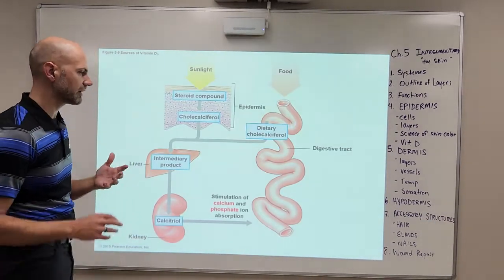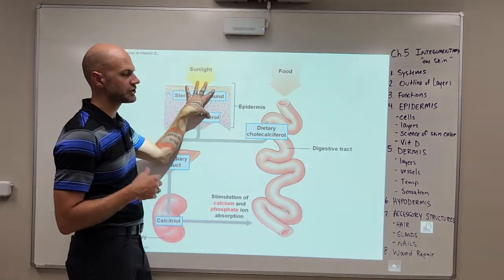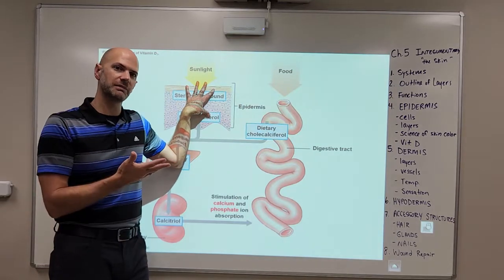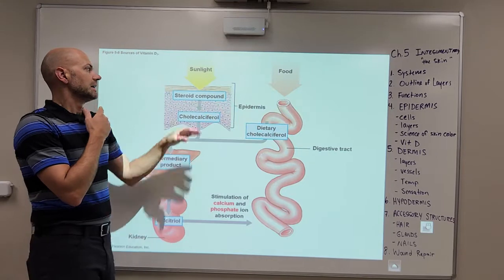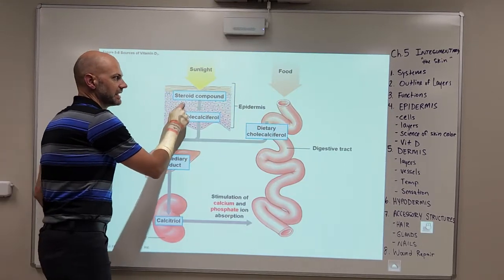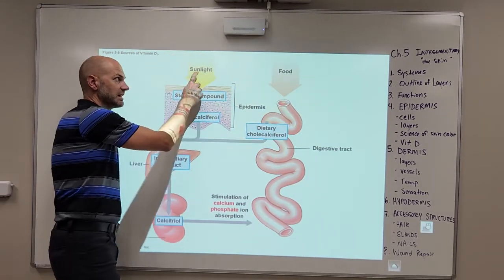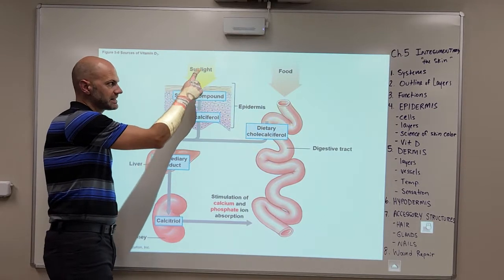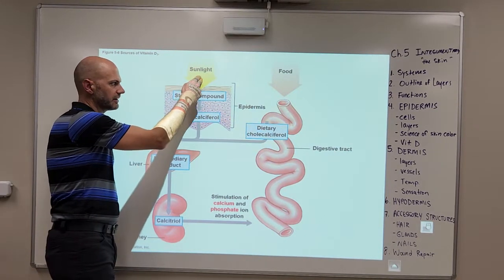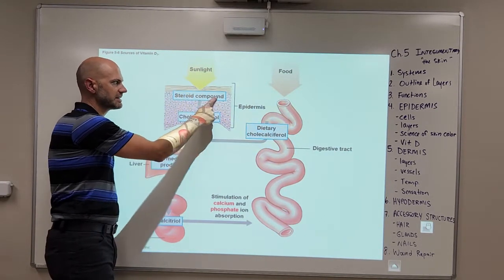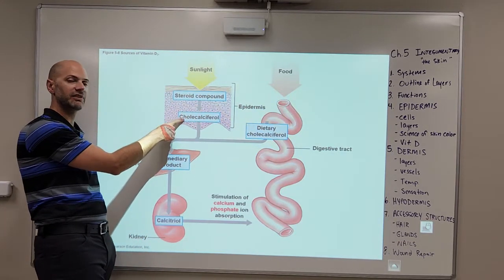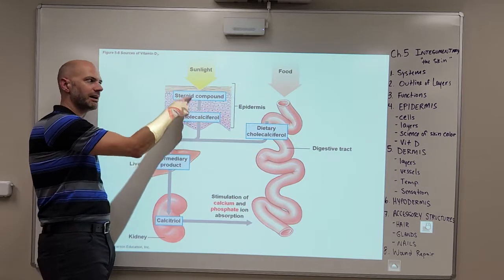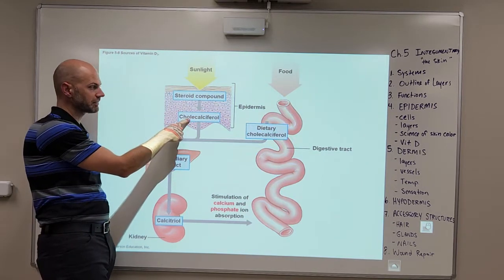So how does that work? Why is the skin so important for vitamin D? In the skin, we can absorb sunlight, and sunlight is required to convert a beginning steroid compound into something called cholecalciferol, vitamin D3. We can make our own vitamin D3.